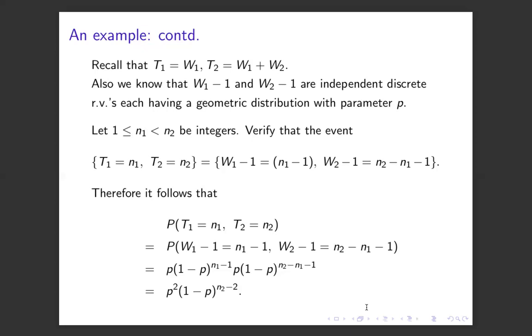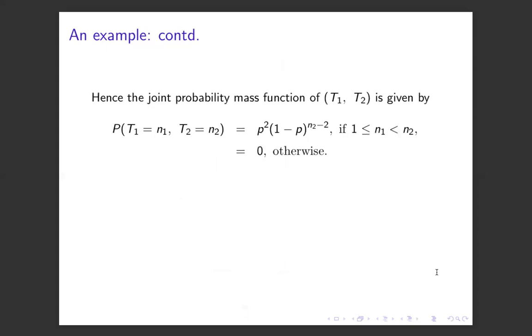So now we have to write down the joint probability mass function. Note that we have observed this only for N1 and N2 integers which are here. To know the joint probability mass function, you should be able to specify it everywhere.